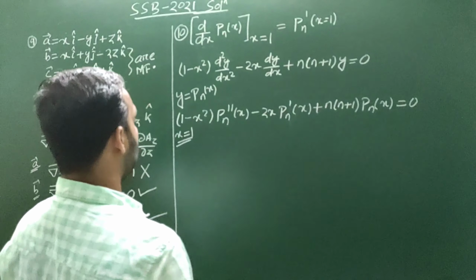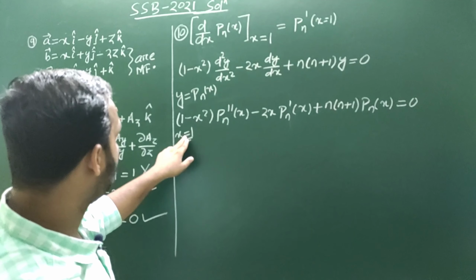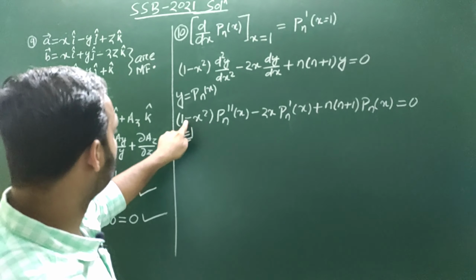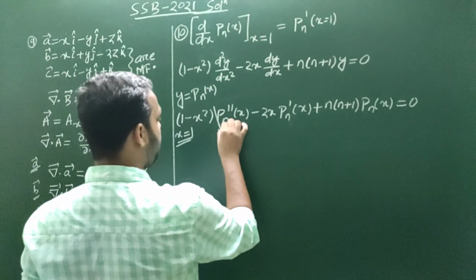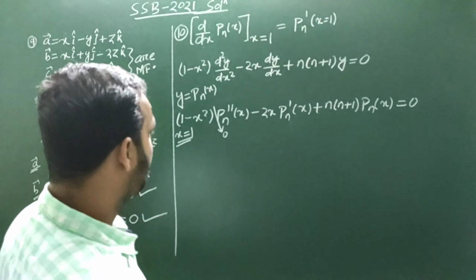If we put x is equal to 1, then this value will be 1 minus 1, so this will vanish. So this term will give you 0.